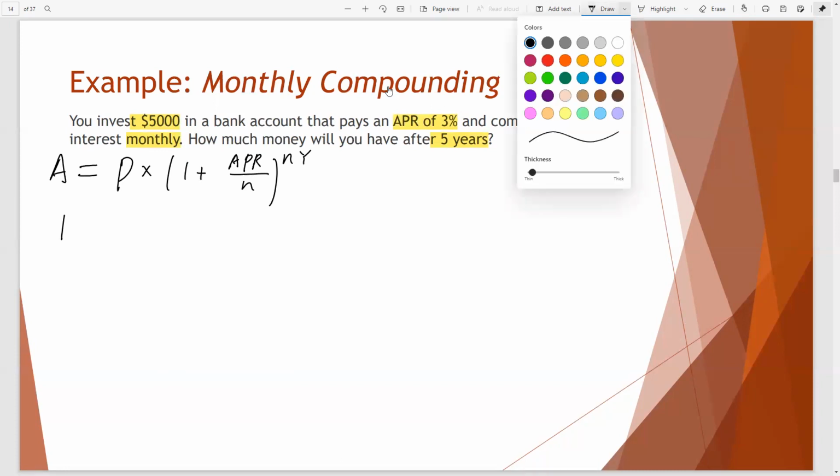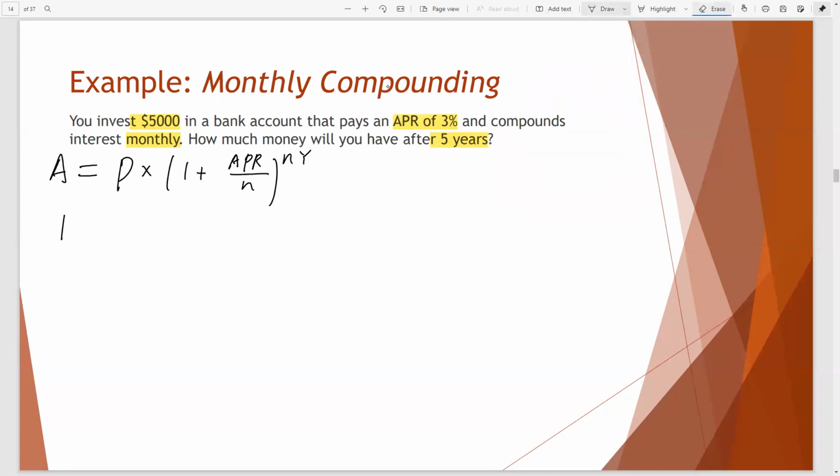Let me use a different color for the given information. The principal is still 5,000. The APR we found before was 3%, and this question is also 3%. And the extra thing is n, which is given as compounding monthly.